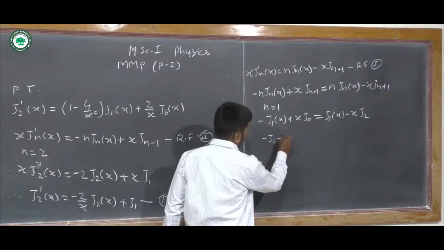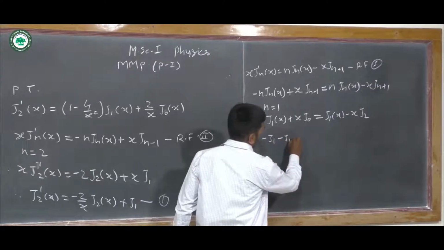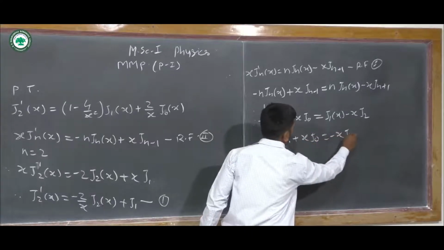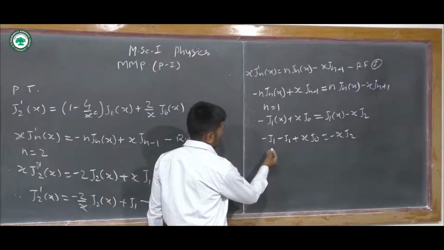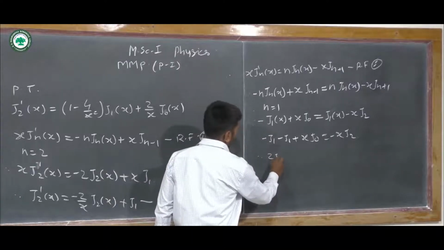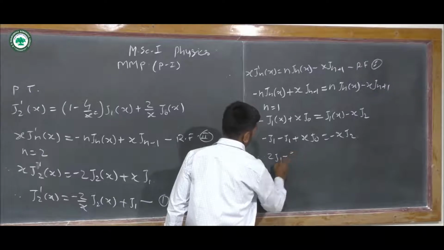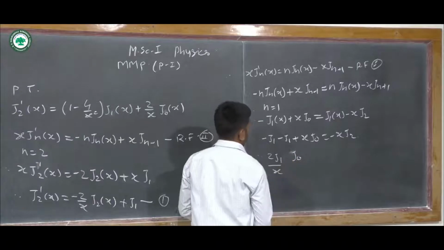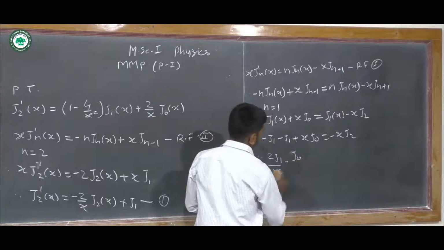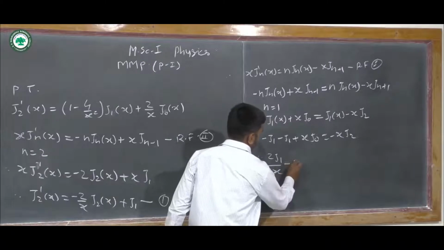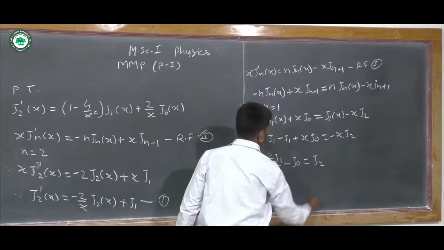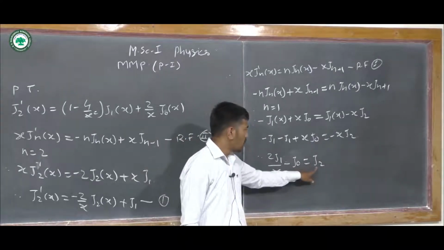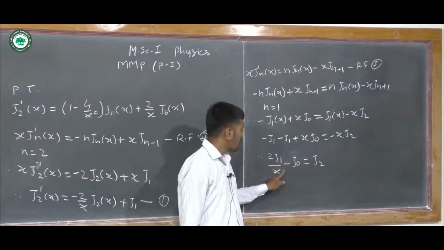Minus J1 plus x J naught is equal to minus x into J2. Okay, and if I multiply, so it is 2J1 divided by x minus J naught is equal to J2. Okay, so for J2 we have this expression: J2 is equal to 2J1 by x minus J naught.